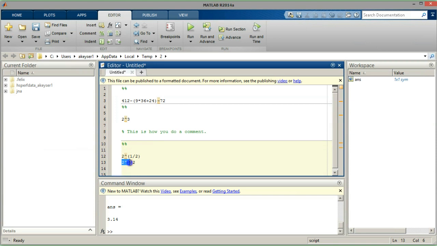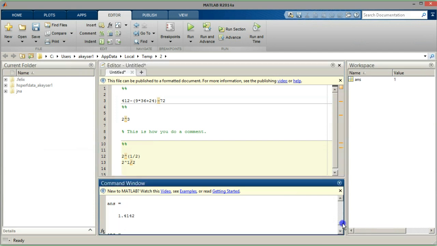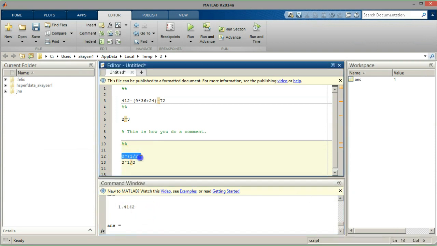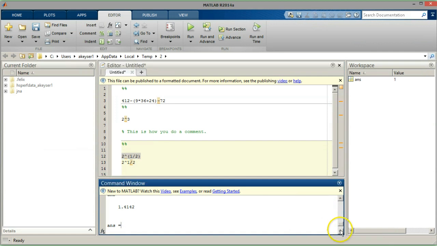So it's going to take 2 to the first, and then it's going to divide it by 2. And if we just run this section, we get two answers. The first answer you get is the correct answer, which is 1.412, and that's what this first part is giving you. The second part is giving you the answer 1, because again, the order of operations is different.